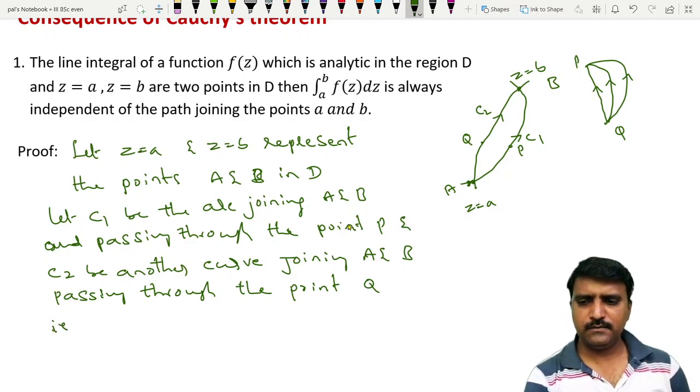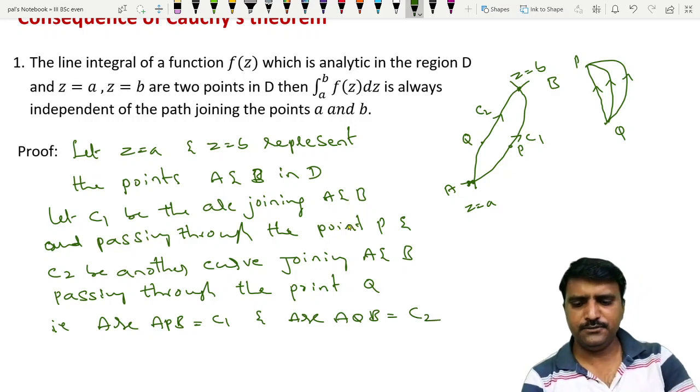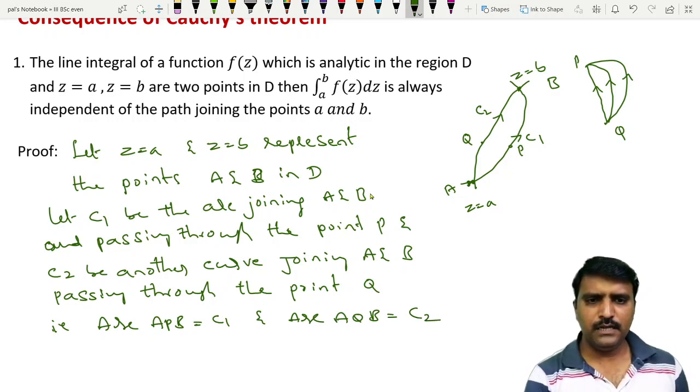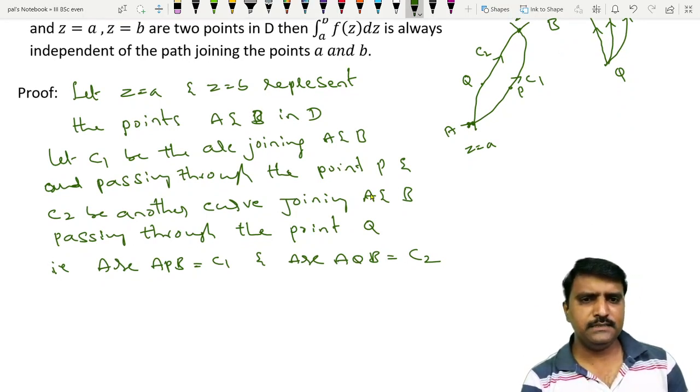So you take arc APB. This is the arc APB, and arc APB is C1. Another one is arc AQB. You take it as C2. So now we have one complete closed curve, that is A, P, B, Q, A. So it is a complete closed curve.